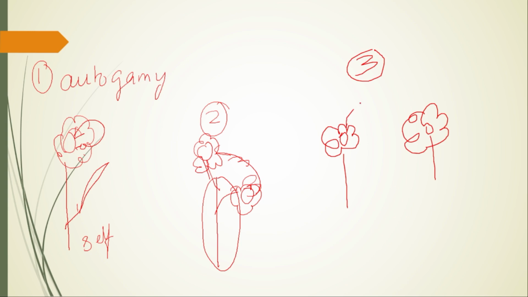Transfer of pollen grain from one flower to another flower of a different plant, so they need what? Pollinators. Let me draw a bee. See how beautiful my bee is, or else an insect. So transfer of the pollen grain from one flower to another flower of a different plant is called what? Cross pollination. So this is actually for today's class.